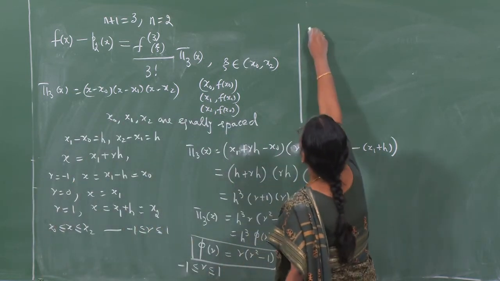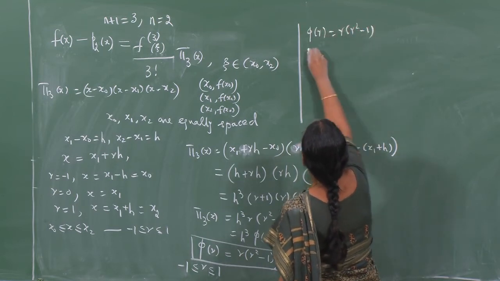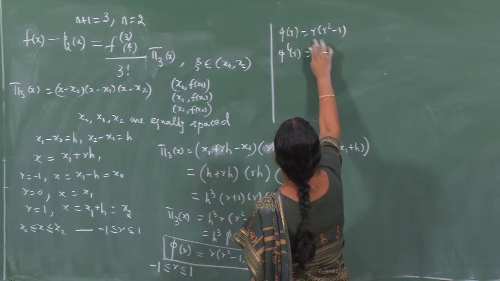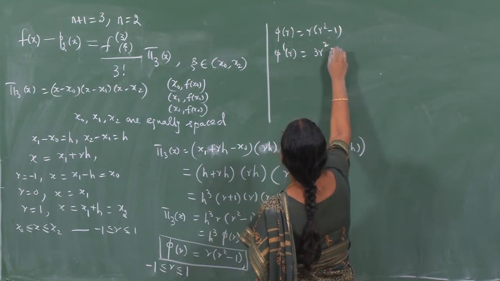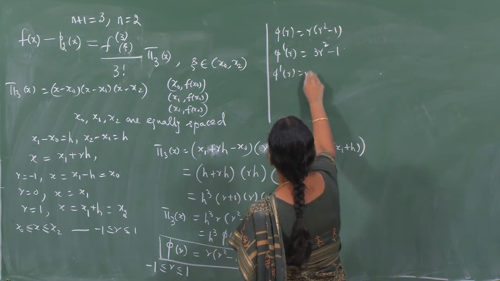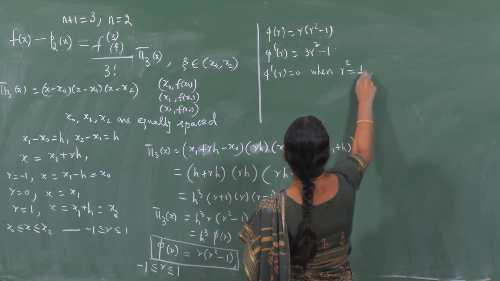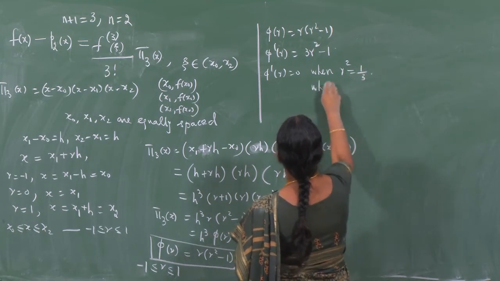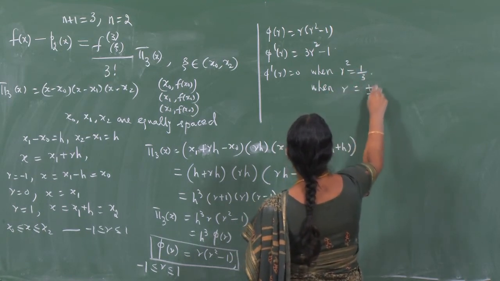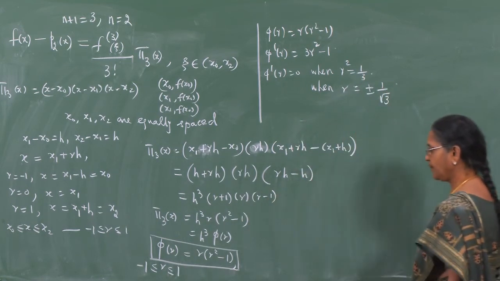So, let us find phi dashed of r. Phi dashed of r will be 3 r square minus 1, and it vanishes when r square is 1 by 3, or when r is equal to plus or minus 1 by root 3.